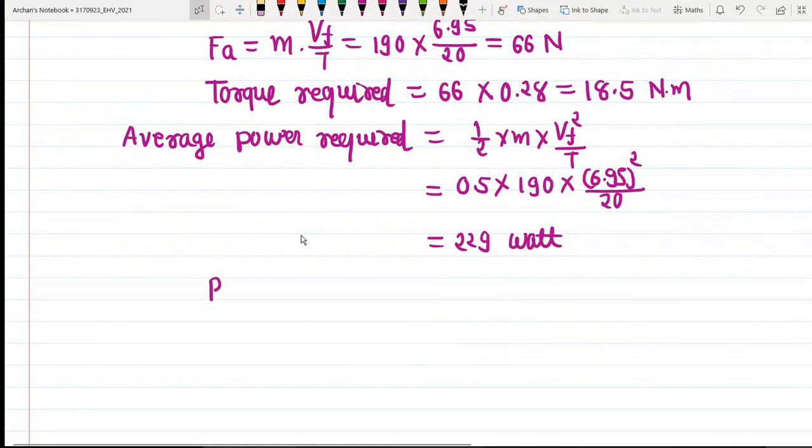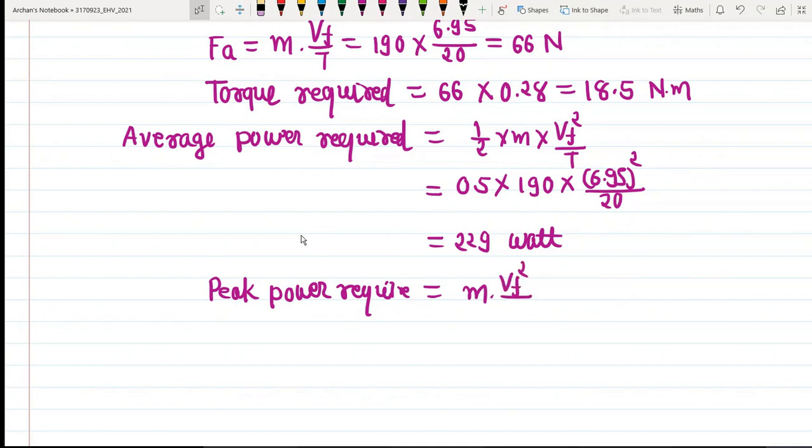Now let us calculate the peak power required. Peak power will be double that of average power, right? So it should be equal to m into Vf square by T, that is 190 into 6.95 whole square divided by 20, which is around 458 watt.